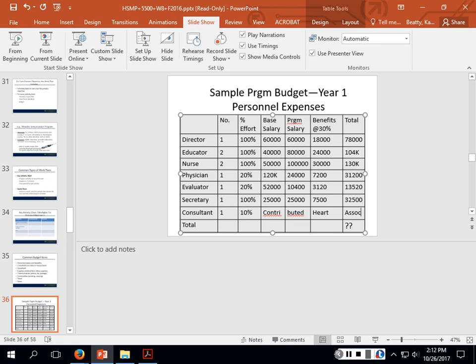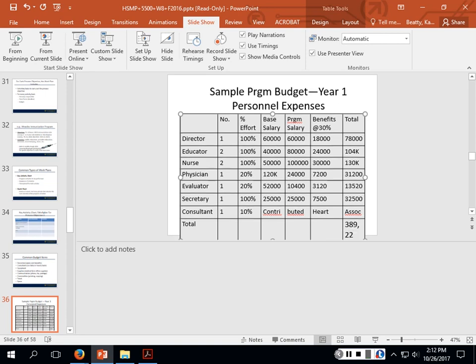32,500. And then what is the total personnel budget for this program for year one? 389,220. Did everyone get this figure? Yep.